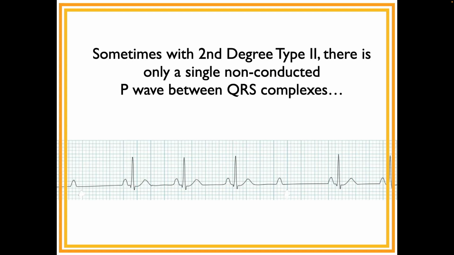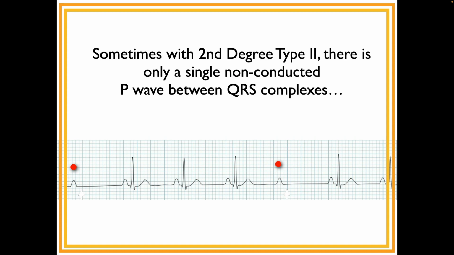Now, this is where second degree type 2 gets tricky. Here is an example of a second degree type 2, okay? You can see the PR intervals, we have some orphan P waves. The P's are going to march out, the PR intervals are regular, but there's only one orphan at a time. Okay, there's one, there's the other, and presumably, so this one actually looks an awful lot like a second degree type 1.